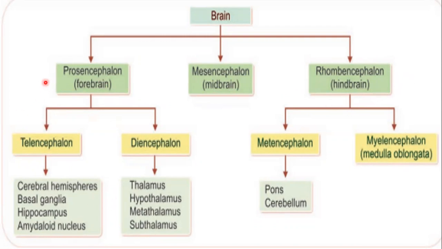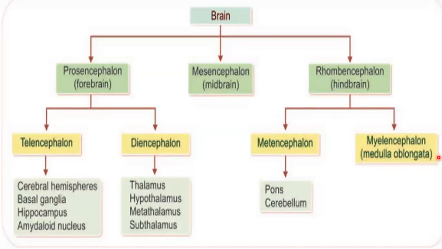The division of prosencephalon is telencephalon, which is known as cerebrum also, and the diencephalon. The diencephalon is further divided into thalamus, hypothalamus, metathalamus, subthalamus, and the telencephalon is divided into cerebral hemispheres, basal ganglia, hippocampus, amygdaloid nucleus. Coming to the rhombencephalon, that is our hindbrain, it is divided into two parts.